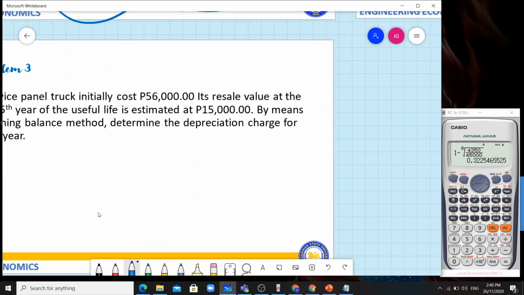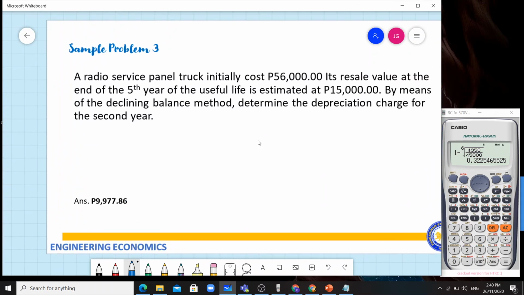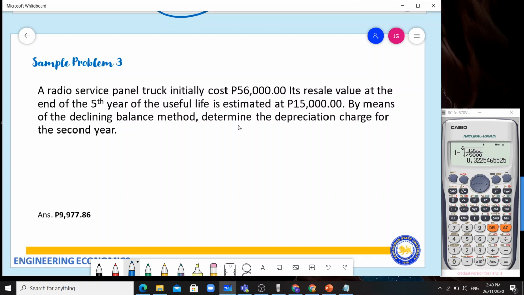So let's proceed to sample problem number 3. A radio service panel truck initially cost $56,000. Its resale value at the end of the 5th year of its useful life is estimated at $15,000. By means of the declining balance method, determine the depreciation charge for the second year. Okay, we are looking for D2. Now, we are given the first cost, salvage value, and useful life.